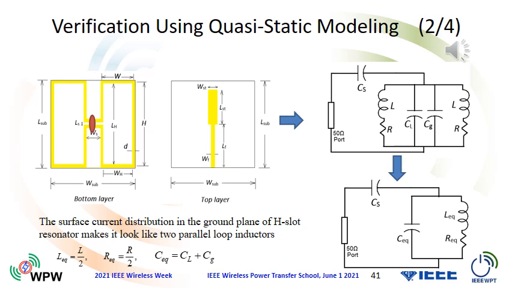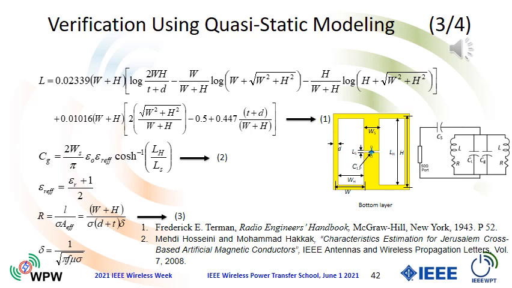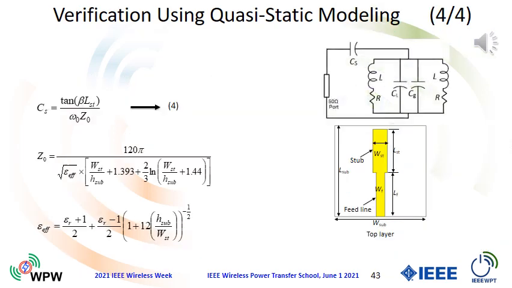In this case, we can use quasi-static modeling. The equivalent circuit inductance, capacitance, and resistance can be obtained from the quasi-static modeling equations 1, 2, and 3 respectively. The value of the series coupling capacitor to the source can be obtained using equation 4.